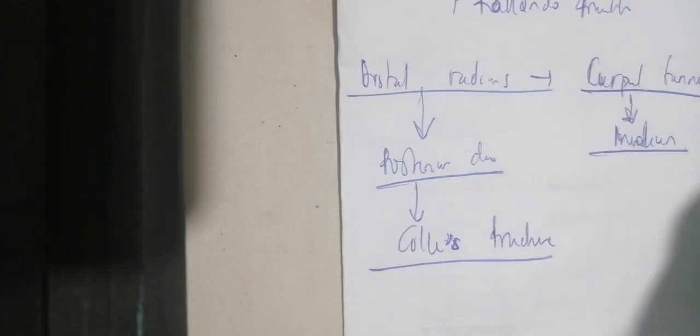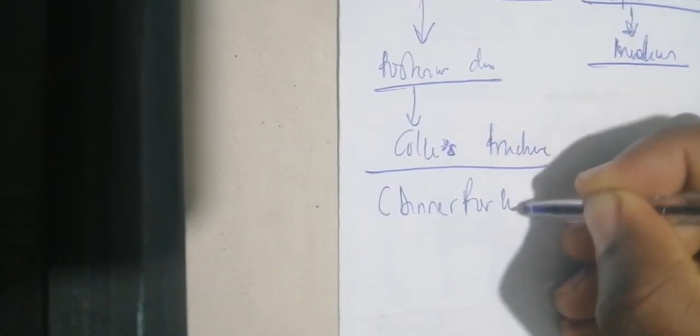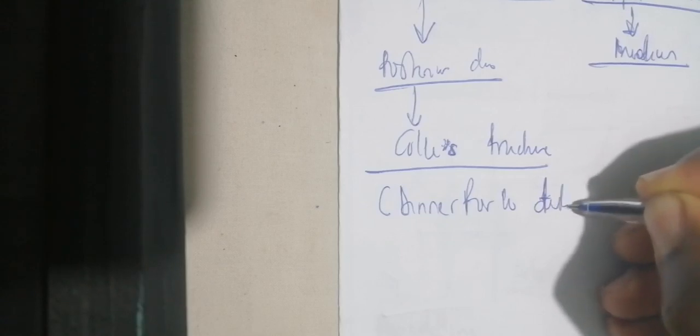Colles fracture is less severe, because it does not compress the carpal tunnel that is located anteriorly. The shape of the hand in that case is a dinner fork deformity.